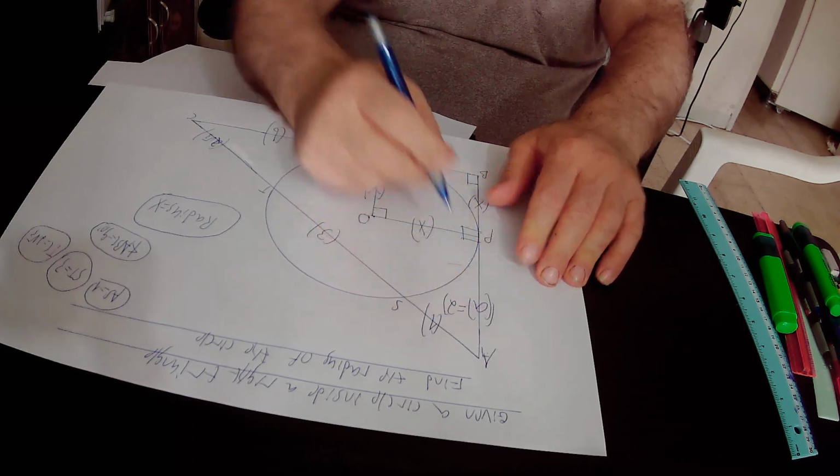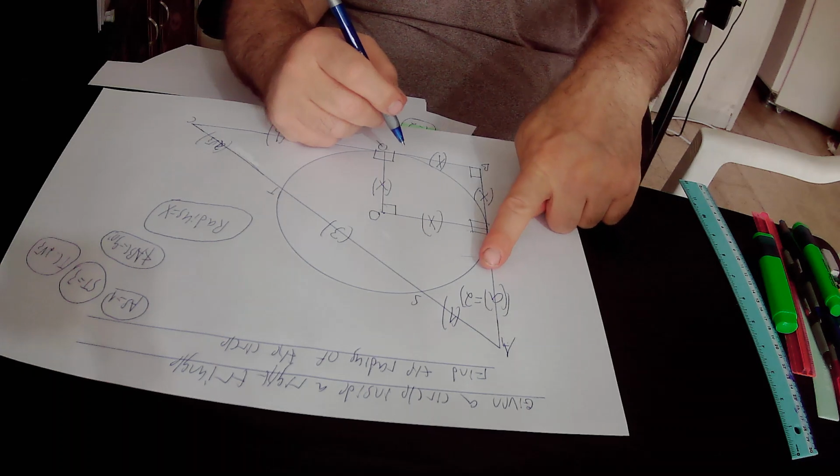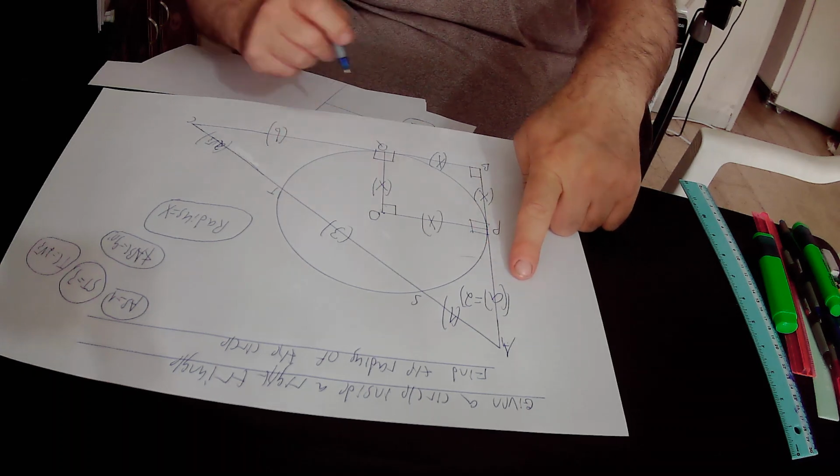That is to say, AB is equal to A, which equals 2 units.